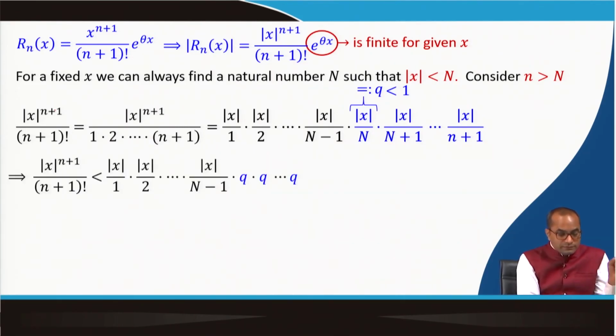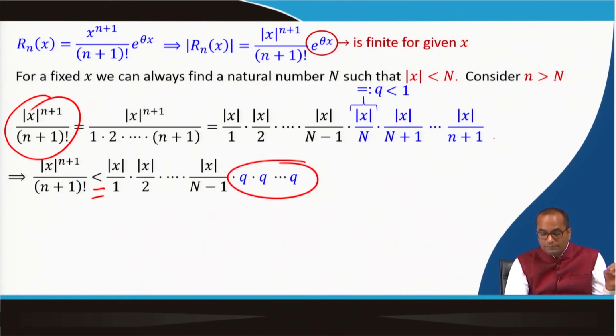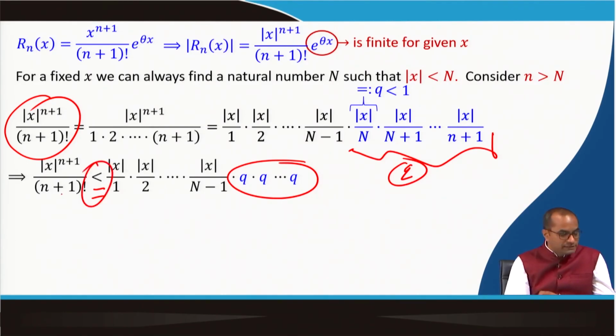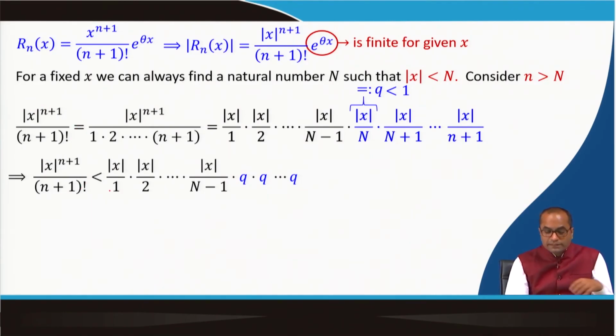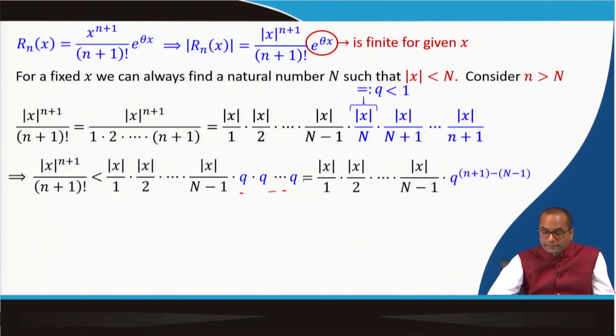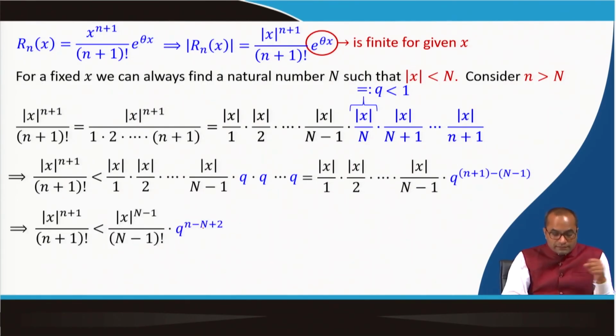Here all these have been replaced by q, and therefore this less than symbol has come into the inequality. So this is q times q, and that is q power. We know how many terms there are, because we start with N and end with n+1, so we have q to the power n minus N plus 2.